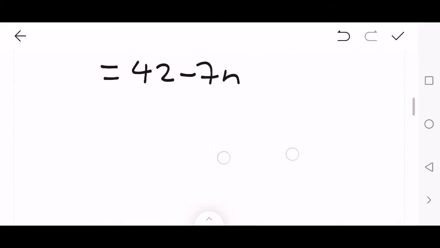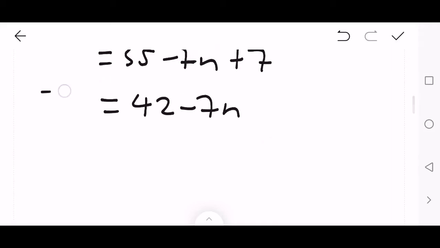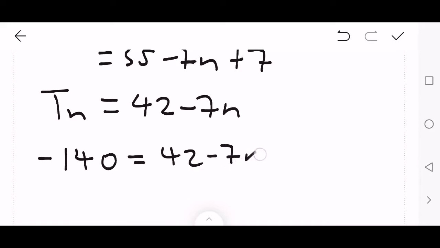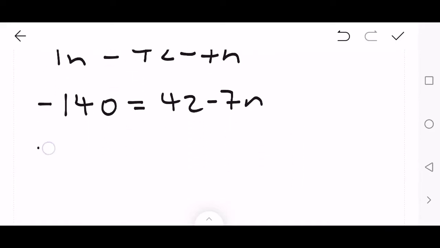So now we just need to substitute minus 140 for Tn. So that's minus 140 equals 42 minus 7n. So minus 140, taking 42 to the left hand side, I will change the sign. That's minus 182 equals minus 7n.